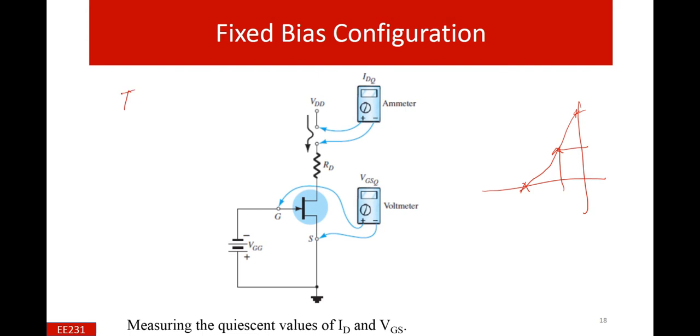So there are actually two methods. We can clarify these situations through some examples. The current can be found graphically as well as numerically, and similarly VGS at that Q point, and it will definitely be more clear when we use a numerical example.